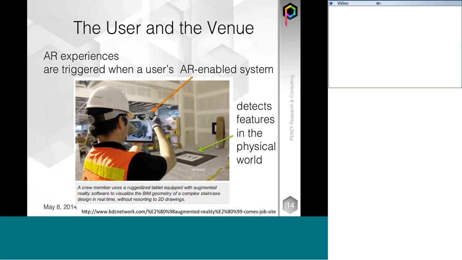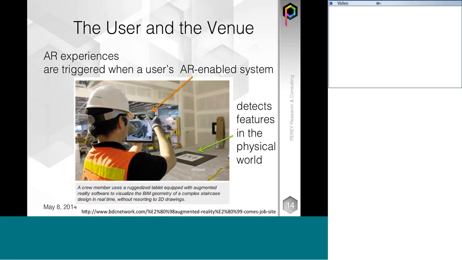So AR experiences are only triggered when a user's AR-enabled system, in this case a ruggedized tablet that has a camera on it, is in a construction environment, and there's a marker on the floor, as you can see. It's a big square, black-edged square, and that is the feature that is being detected.